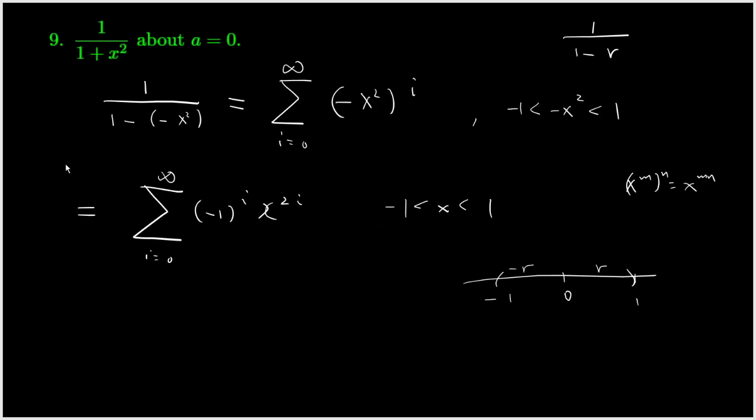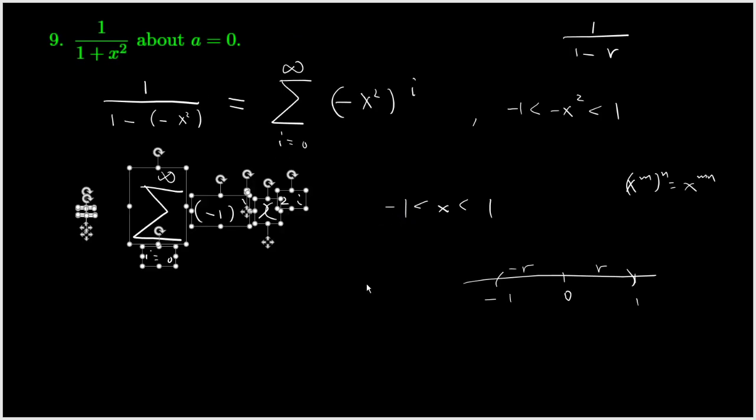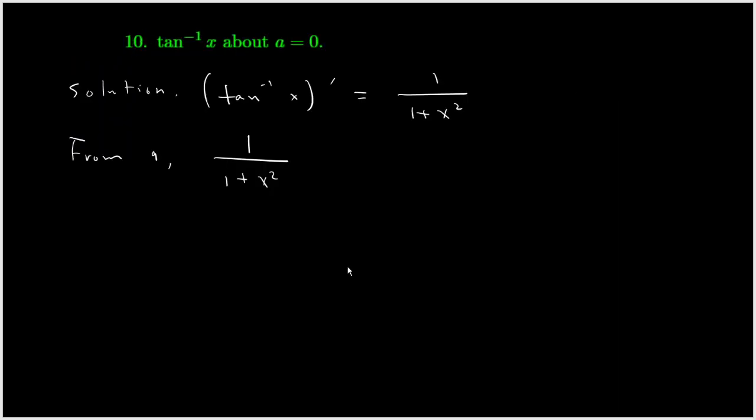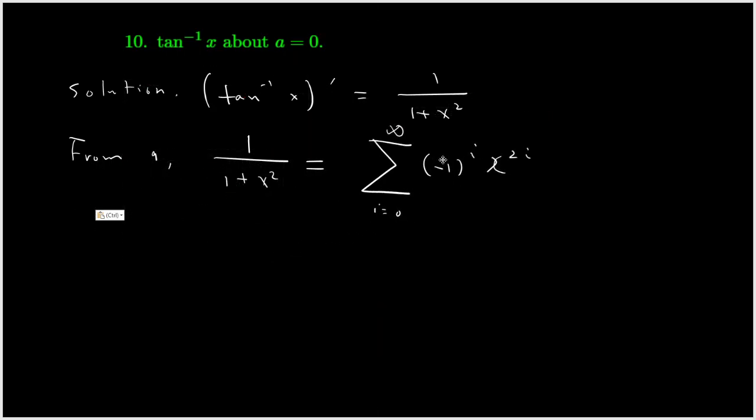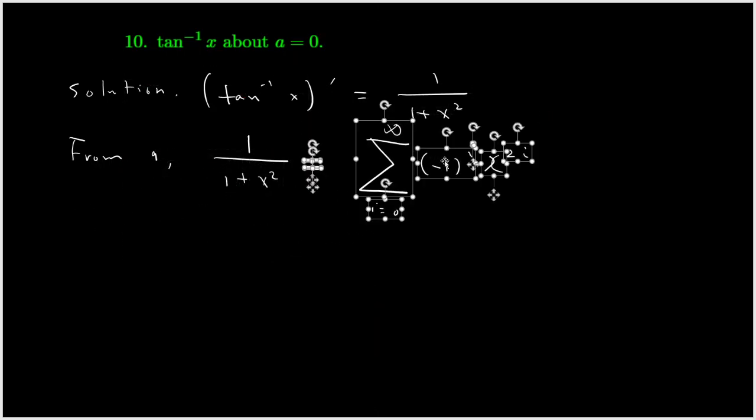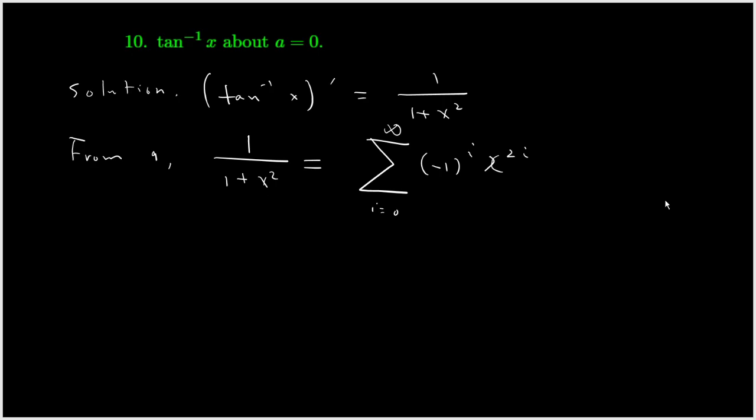I'm trying to borrow the answer to question 9. In question 9, we have represented the function in that form, right? This is true, I believe, when x is between -1 and 1.